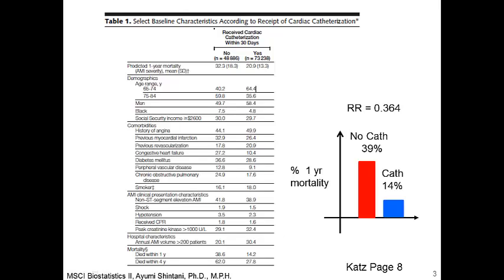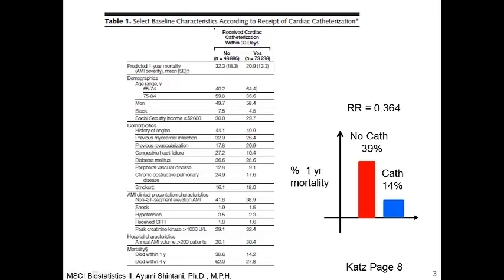History of angina is 49.9% in the catheter group and 44% in the non-catheter group. History of MI is 26% in the catheter group and 33% in the non-catheter group. And let's look at congestive heart failure, which is 10% in the catheter group and 27% in the non-catheter group.